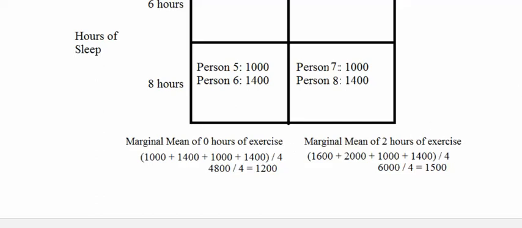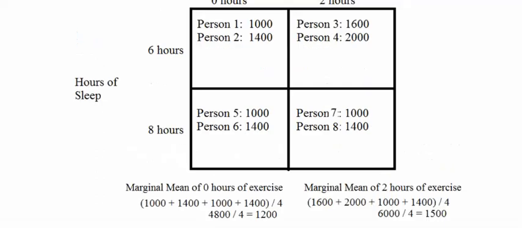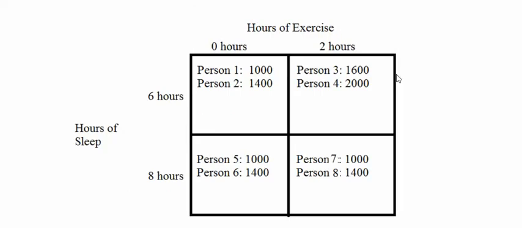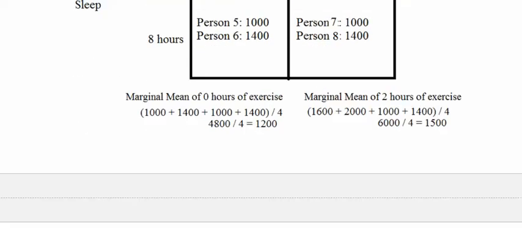And now imagine that the researcher calculated the mean of all 4 people in column 2, the mean of all 4 people who exercised 2 hours. So 1, 2, 3, 4. That would be the marginal mean of 2 hours of exercise, and that would be another marginal mean.